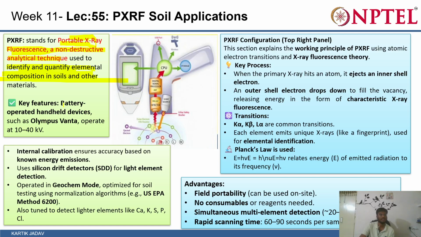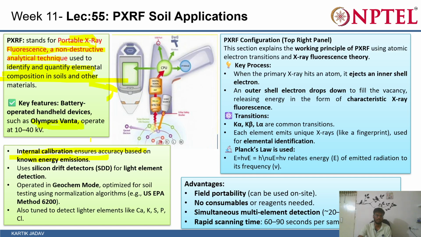Its key features: a battery-operated handheld device, such as the Olympus Vanta, operating at 10 to 40 watts, and it requires certain internal calibration to ensure accuracy based on known energy emissions.